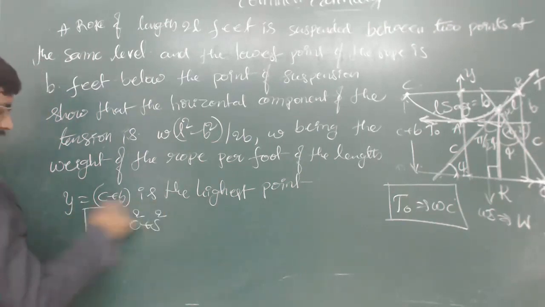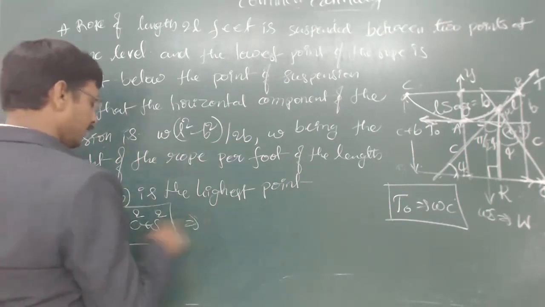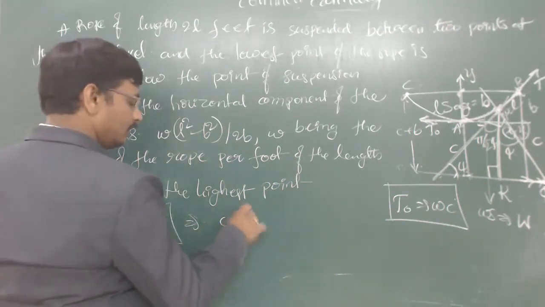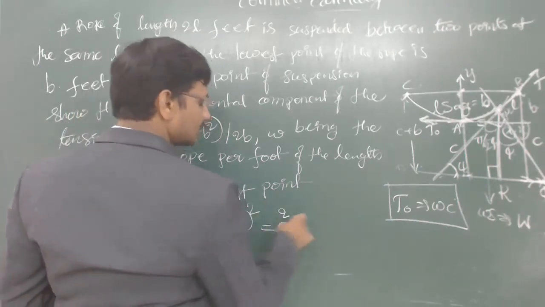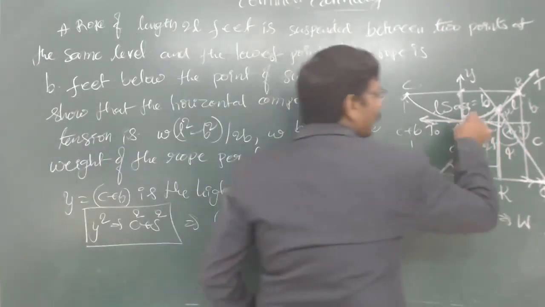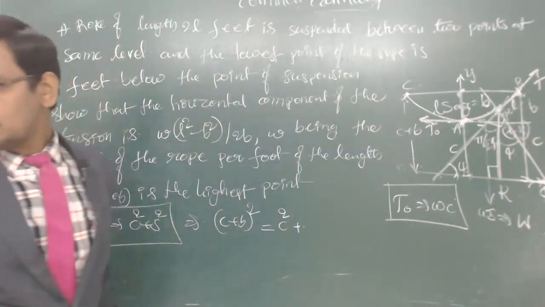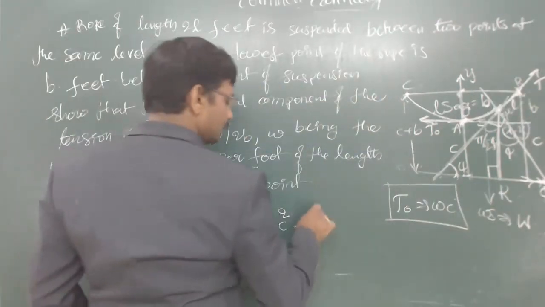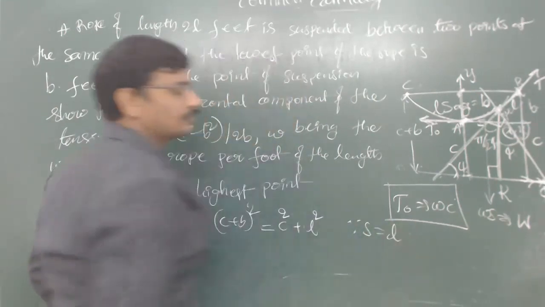So y square is C plus B whole square, equal to C square plus S square, where S is the length from here to here, which was given as L, so S is equal to L.